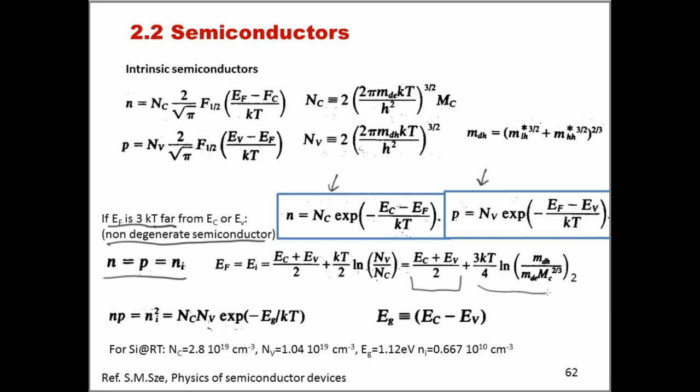It's only differences related to the effective mass of electrons and holes that can move it a little bit off the midpoint, but these are really tiny variations. Anyway, here below you can see some values that are relevant for silicon.